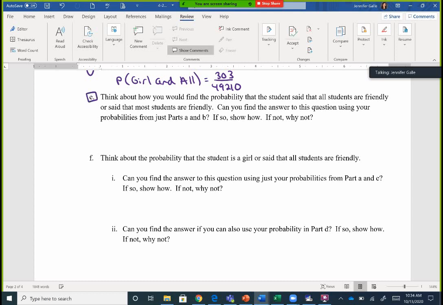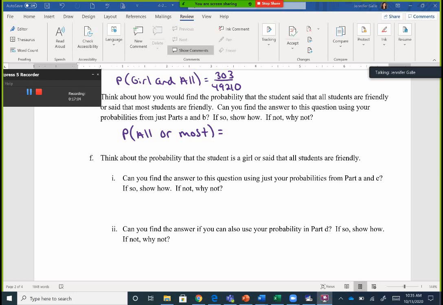So you're trying to find, can you find the probability that a student said all, or they said most? Can you get that just from your table? Talk about that with your partner. Now, right away when I asked that question, I heard a lot of people say yes, and then they started working.